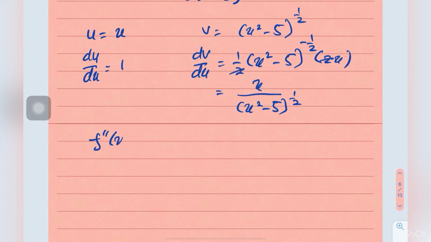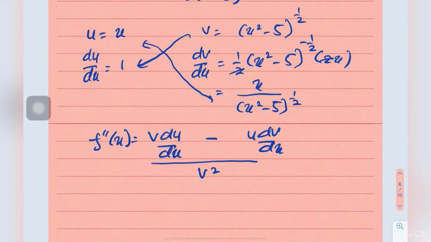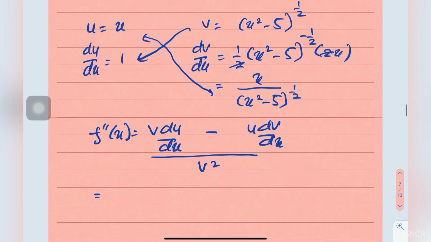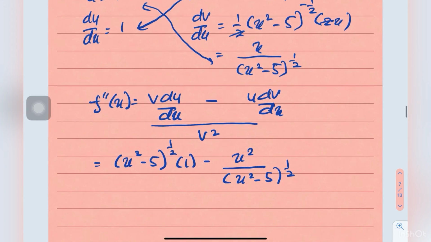So f double prime x is (v du/dx minus u dv/dx) over v squared. v first, minus this one, over v squared. So it becomes (x squared minus 5) to the power of 1 over 2 times 1, minus u dv/dx, so x squared over (x squared minus 5) to the power of 1 over 2, over v squared.